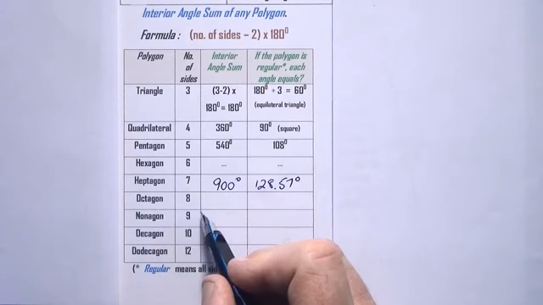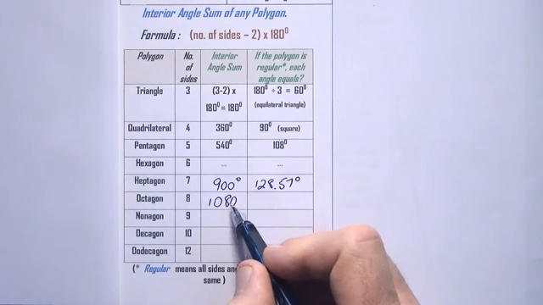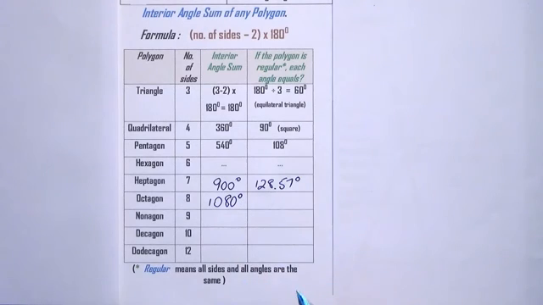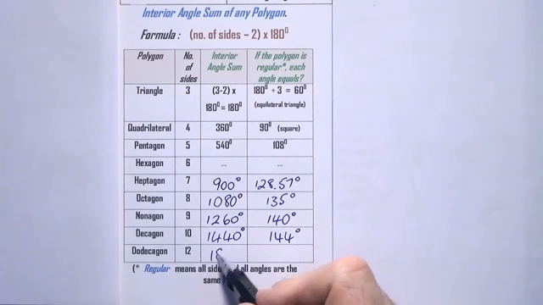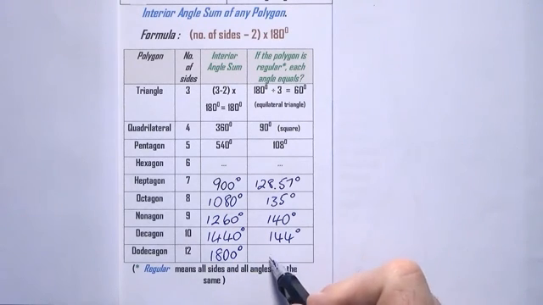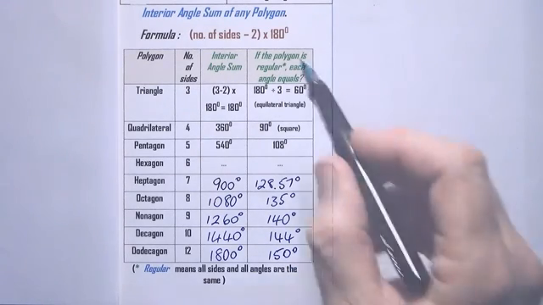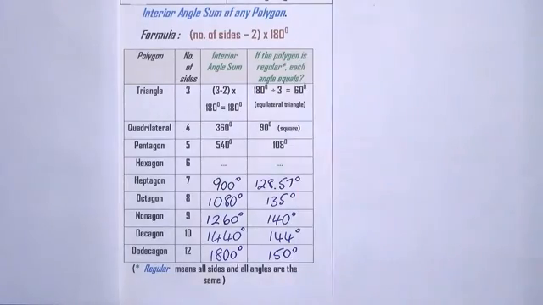An octagon has a total interior sum of 1080 degrees, and a dodecagon has 12 sides and has an interior angle sum of 1800 degrees. Divide this by 12, and each angle of a regular dodecagon is 150 degrees. This is a very good formula to remember.